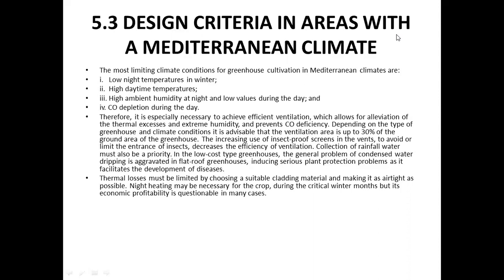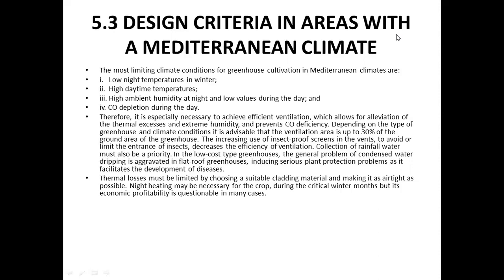Okay, the climatic condition of this region favors the attacks of insects and decreases the ventilation. So insect-proof screens should be used as an obstruction to these insects. And the rainfall water should also be collected in these regions so as to avoid scarcity of water.